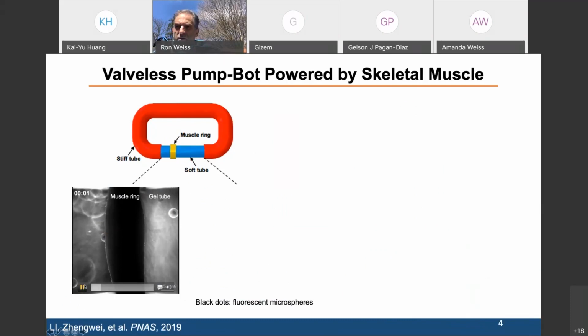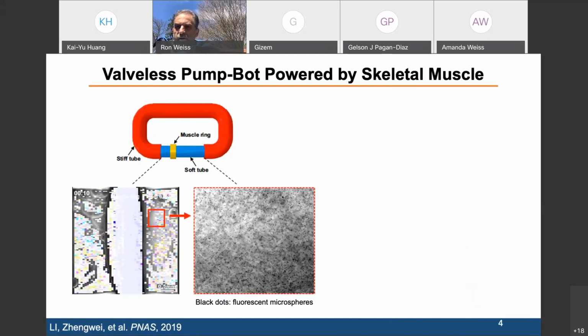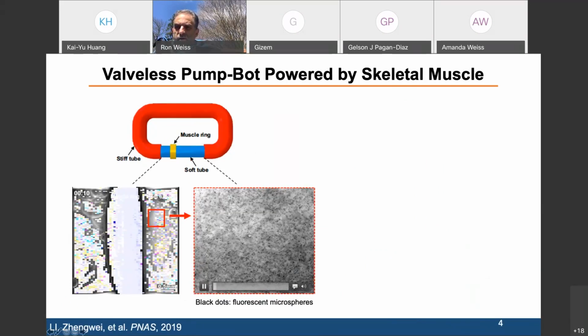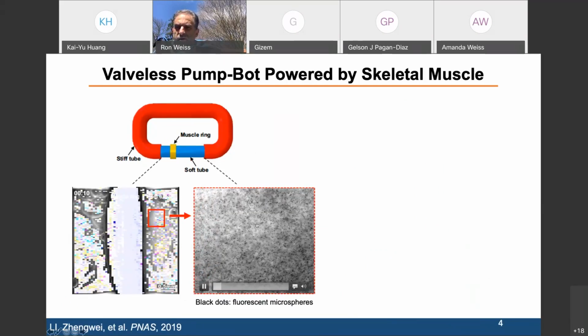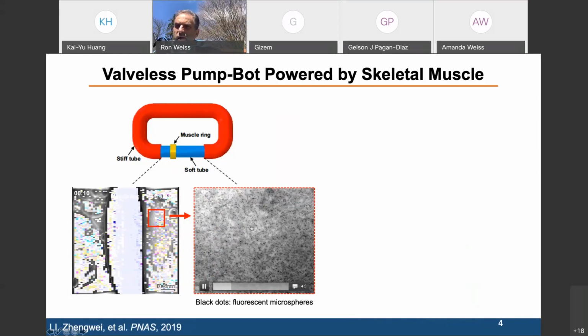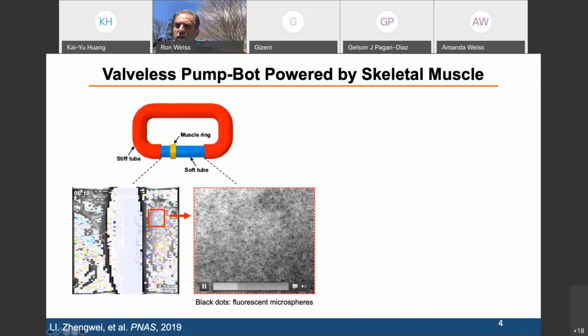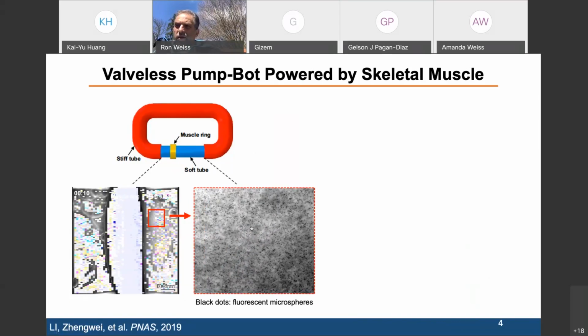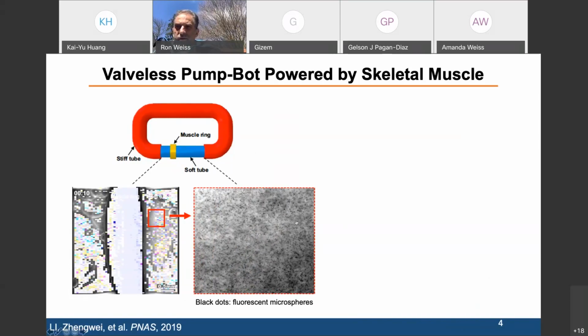we can see that it can contract by itself, spontaneously, and it can also contract when we apply some external stimulus like electricity. And if we look into the fluid here, we added some fluorescent microspheres so that we can see that indeed these microspheres move in a certain direction. As per the mechanism we discussed, it goes backward a little bit and then moves forward.